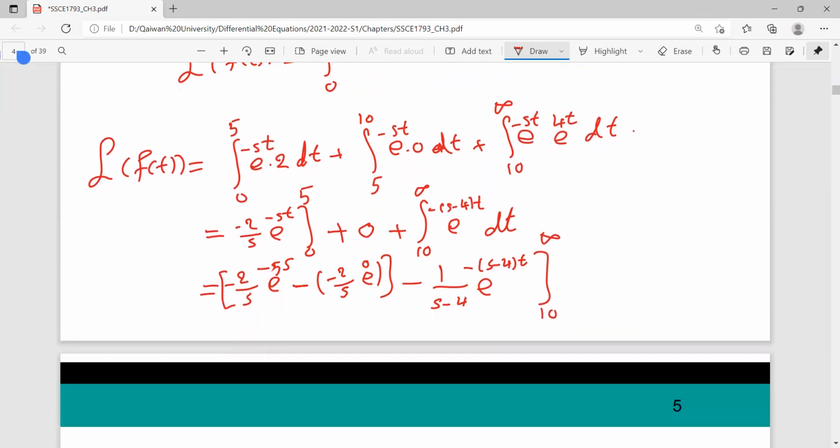Now we replace t by infinity, then t by 10. Let's first simplify this. It equals 2 minus 2 over s. And here you get 2 over s. We can say minus 2 over s e to the power minus 5s plus 2 over s.